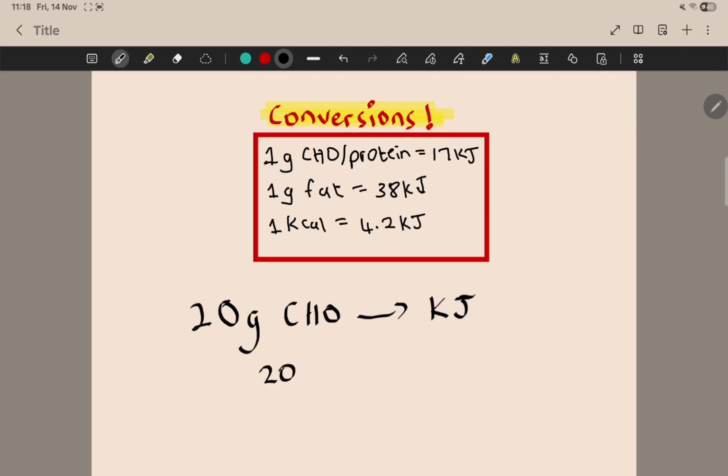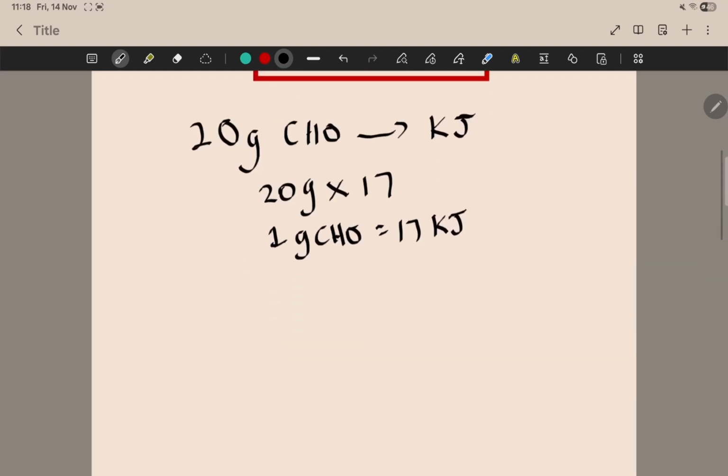You simply say 20 grams multiplied by 17, because 1 gram of carbs is equal to 17 kilojoules. Okay, so if we do that on my calculator, I get 340 kilojoules for 20 grams of carbs. Okay, so it's as simple as that.